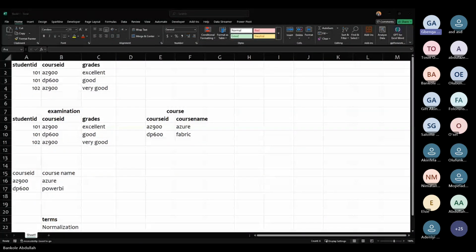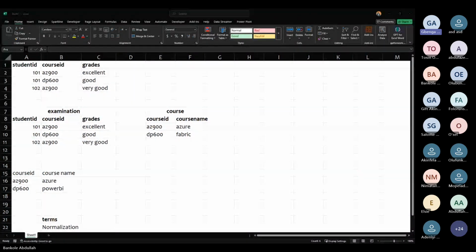Let me tell you some of the reasons why, as a Power BI developer, you need to know about normalization. You want to improve the quality of data. You want to avoid having so many duplicates and inconsistent data. You want to make sure that your data model is well optimized, and if you avoid redundancy to the highest level, then you can achieve that optimization.